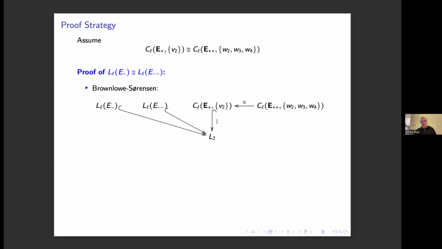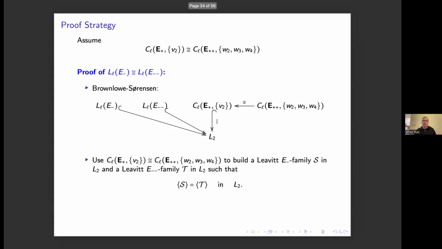And so I'll go into a little bit more detail, but the upshot of what we do is then we use the isomorphism between these relative cone path algebras and the embedding into L2 to build two families, one for the Cuntz-Splice of E and another one for the double Cuntz-Splice of E in L2, for which these families, these Leavitt E minus family and Leavitt E minus minus family, generate the same algebra in L2.